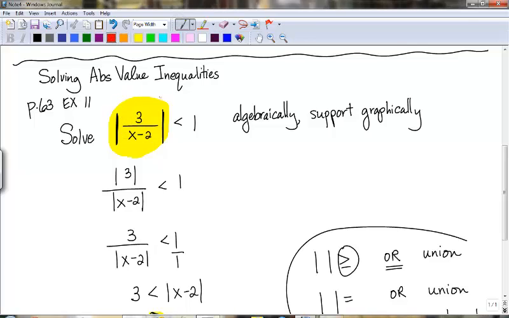Parentheses x minus 2, because if you don't put in those parentheses, you're just dividing by the x. Then close the parentheses. Let's just do zoom 6 to get that graph.